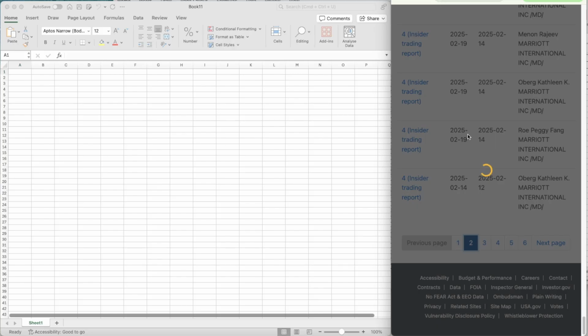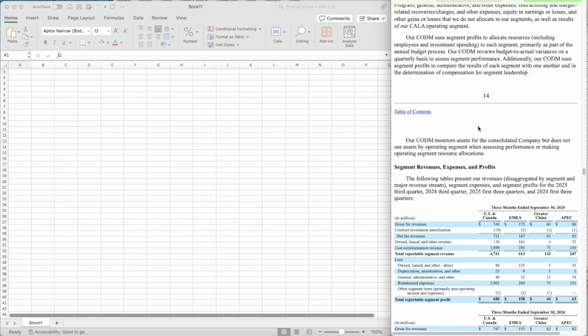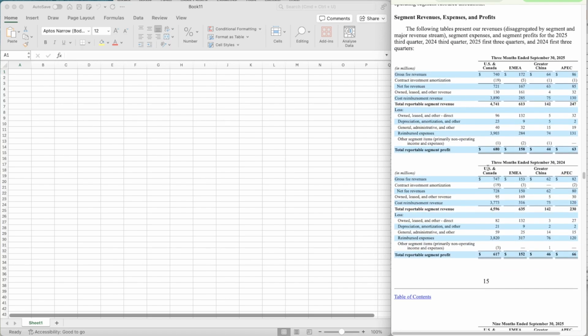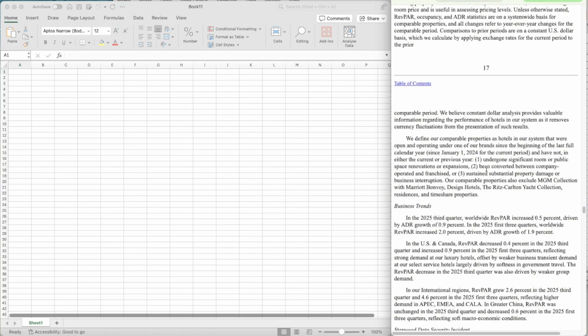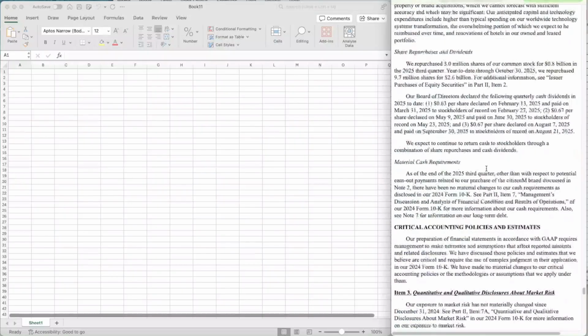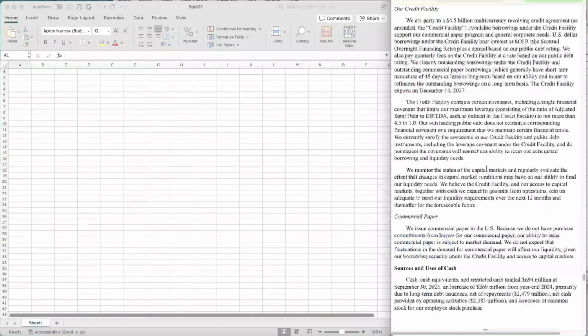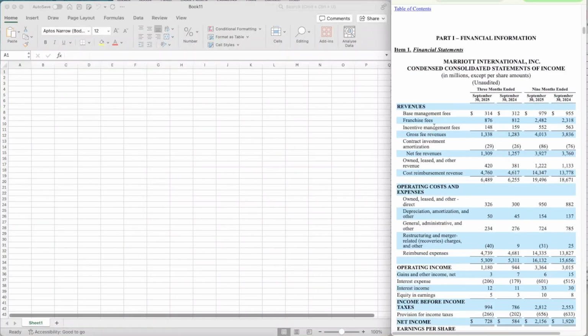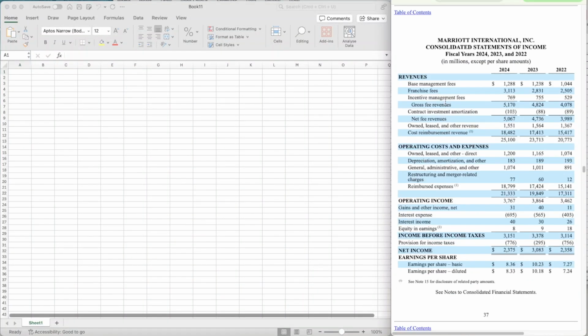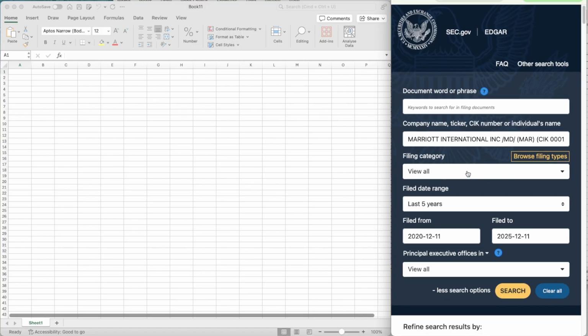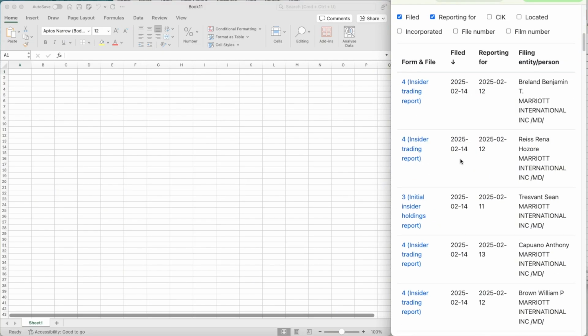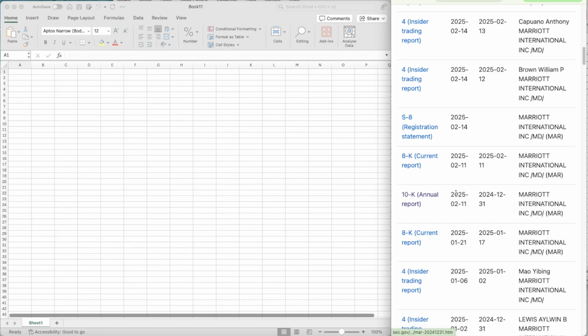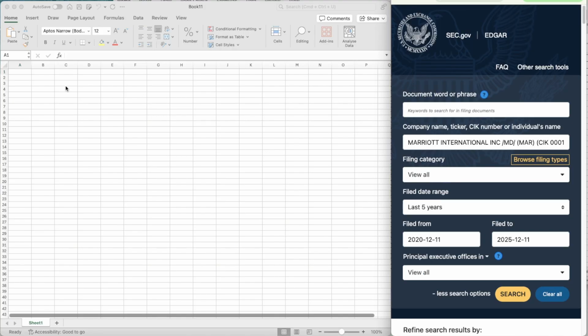We want page 3 on the 10Q and page 37 on the 10K. But if you go onto the second page of the content, you'll find the 10K there. So yeah, let's get straight into it.